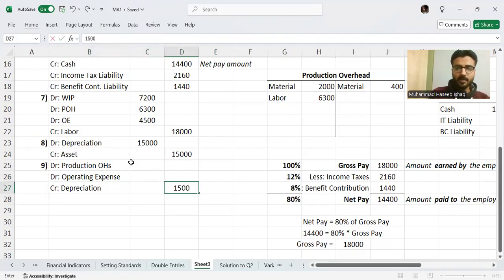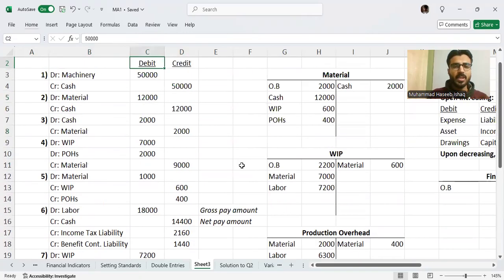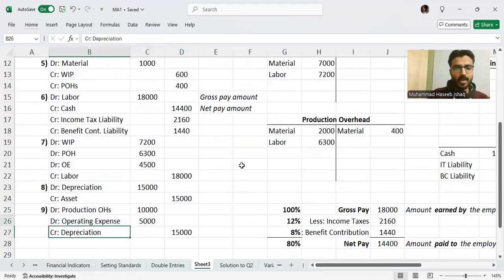So 15,000 is being transferred. 66.67% is being transferred to the production overhead account because this was related to production overhead. Or we can just write it as 10,000, and the remaining 5,000 is transferred to the operating expense account, right? So we can now check debit is equal to credit. So we have done this correctly, right?